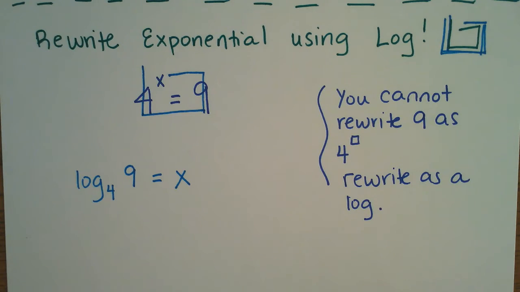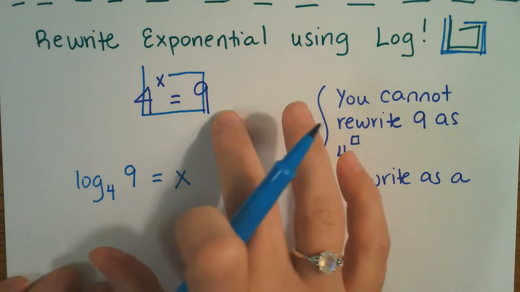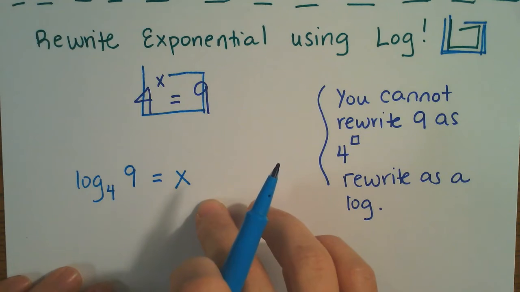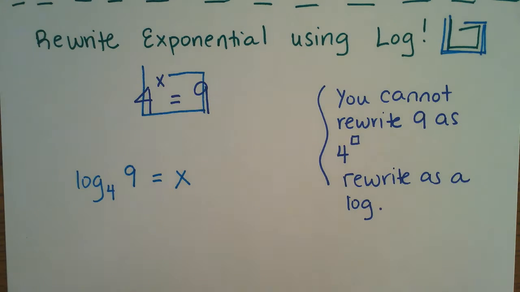So we're making a new shape in order to go from exponential to logarithm. Right now we're just rewriting. I'll show you how to put that in the calculator in just a minute.